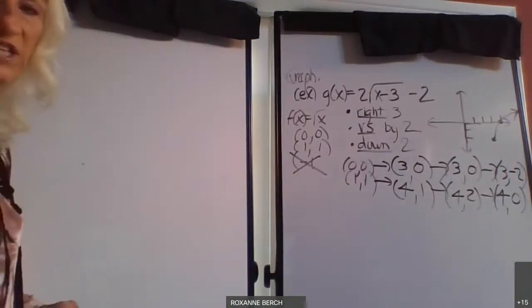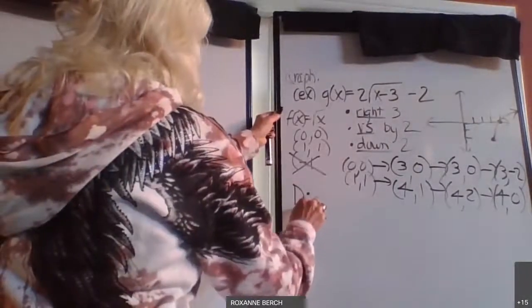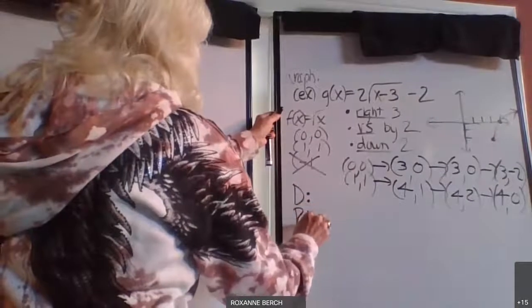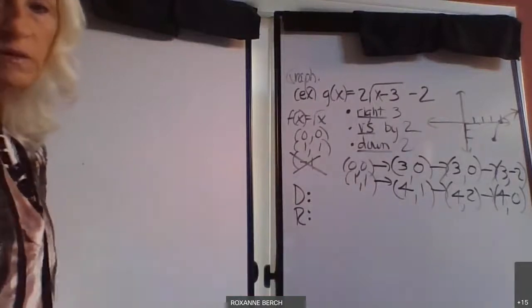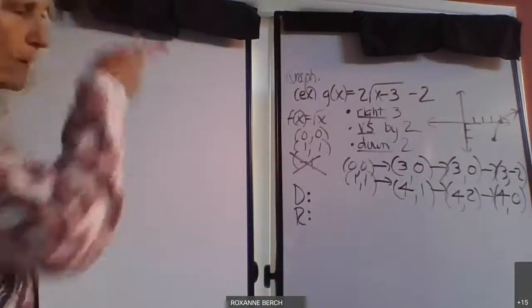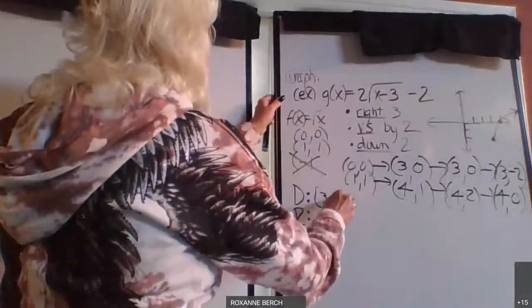All right, what would the domain be? Go ahead, I'm listening. What's the domain? It's from 3 to infinity. 3 to infinity, good. And what's the range?